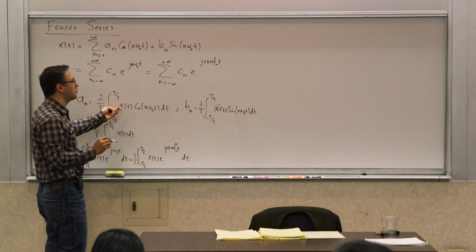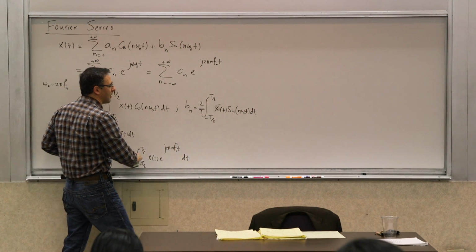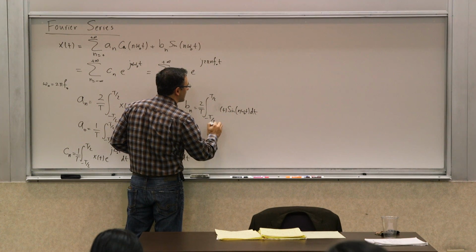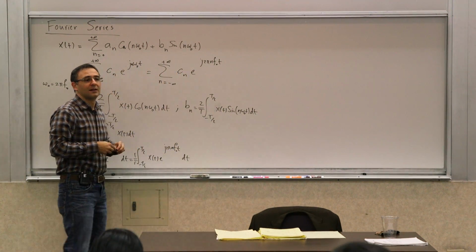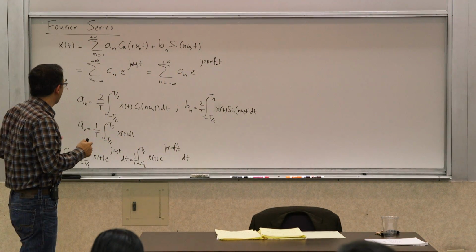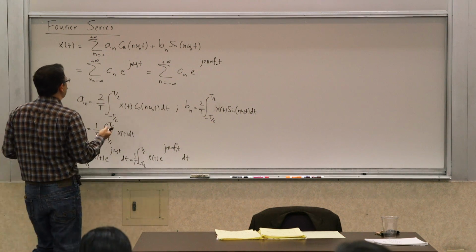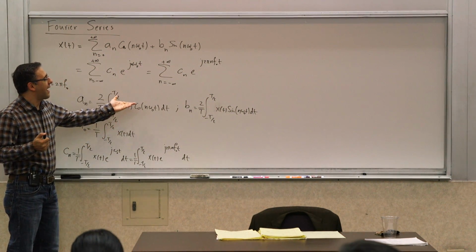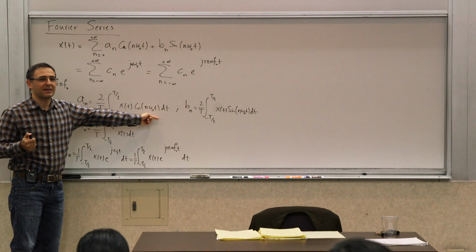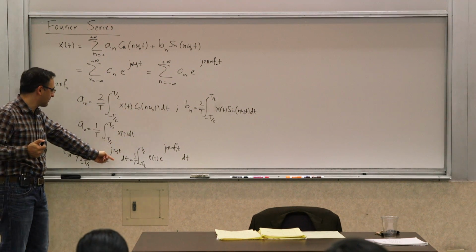So what you're really doing is an inner product. If you want to think of it a little more advanced, in linear algebra terms this is essentially a vector space, and these are the basis vectors, the cosines and sines, or exponentials.